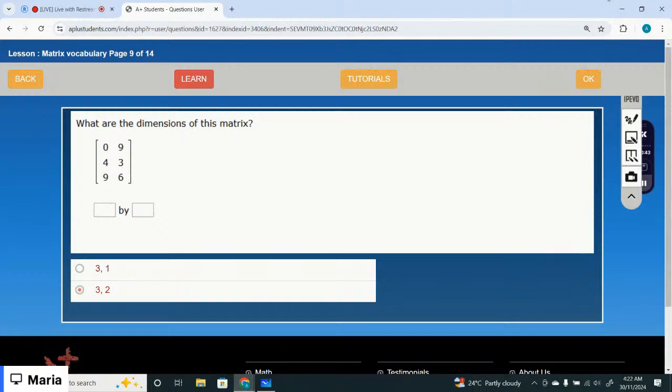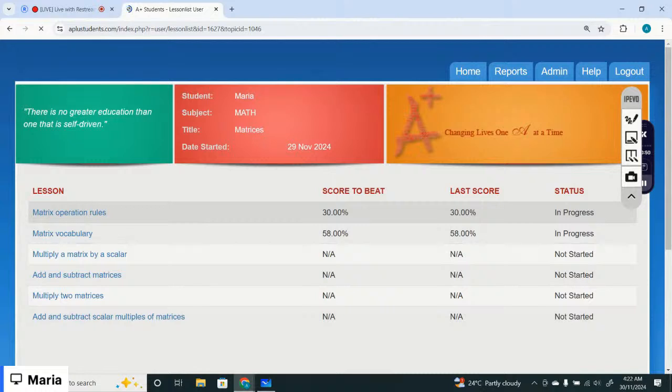Option number 2 is the correct option. Okay, you can complete the lesson by yourself later today. Let me just move on to the next lesson, that is multiply a matrix by a scalar.